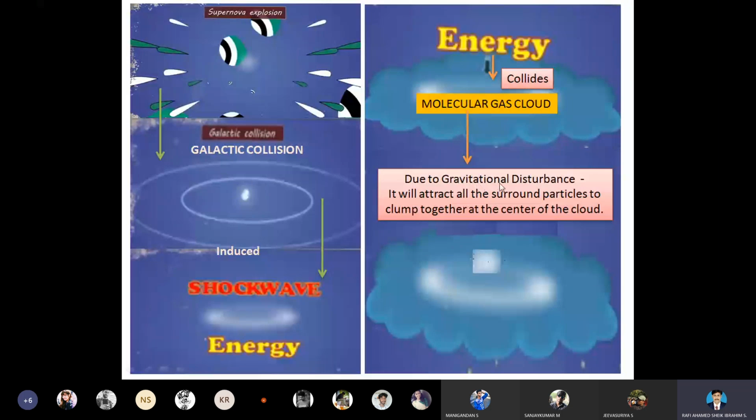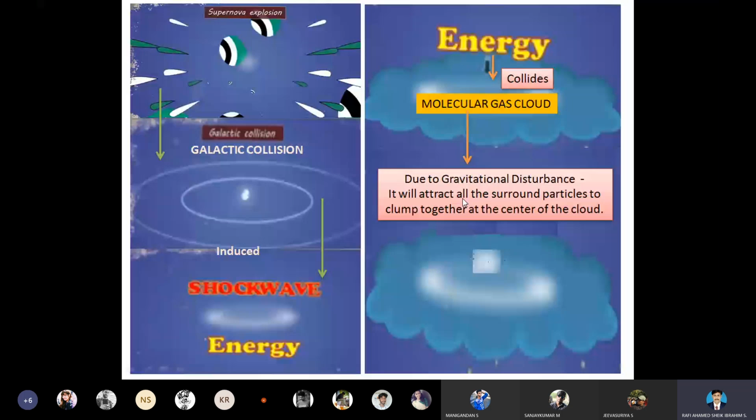Due to the gravitational disturbance, when this huge shock wave energy collides with the molecular gas cloud, which contains helium, hydrogen, and some other dust particles, it will attract all the surrounding particles to clump together at the center of the cloud.